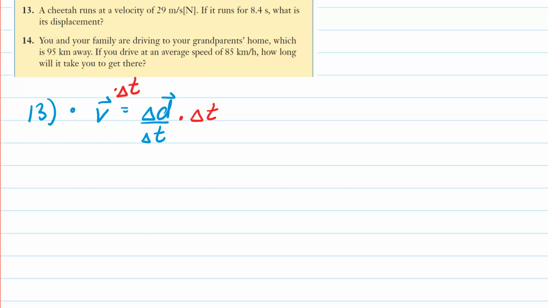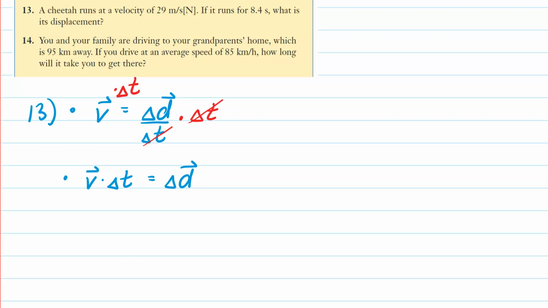So we started out with v equals d over t. Then after we multiplied by t, on the left side we have velocity times time. And on the right side, the t on top and t on the bottom cancel out, and you're left with displacement by itself, which is exactly what you want.